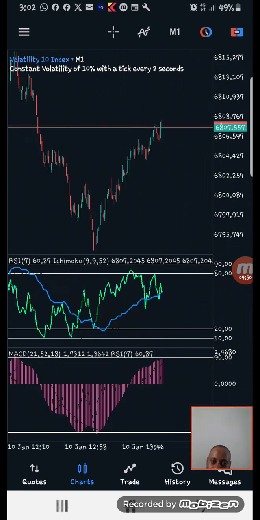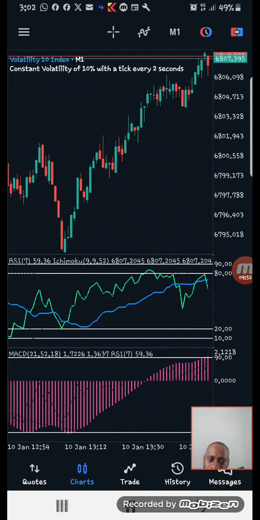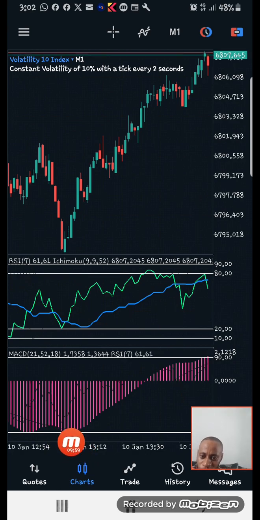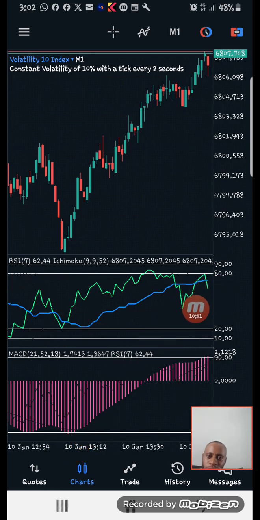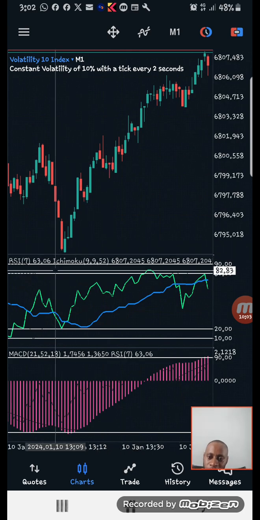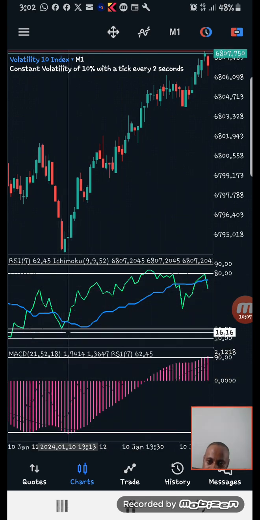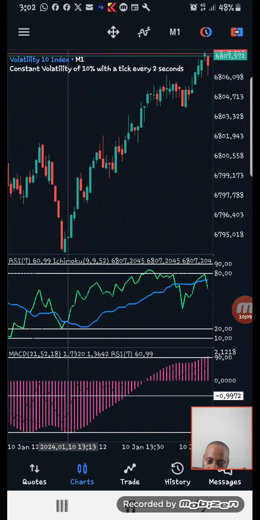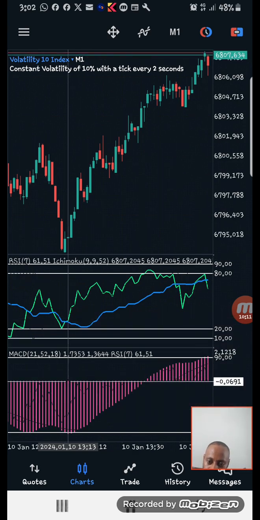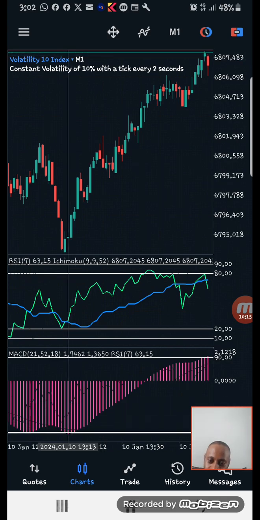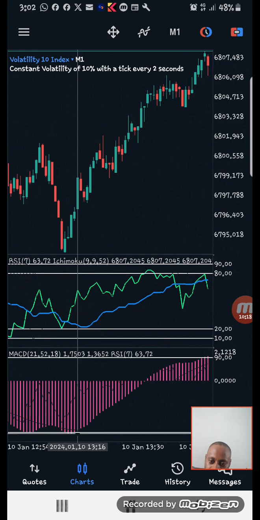Let me zoom it out, get my point. Whenever I see this MACD line has crossed and closed below, like this one now, this particular candle closed, and then when this one opened, it broke out of the oversold level.